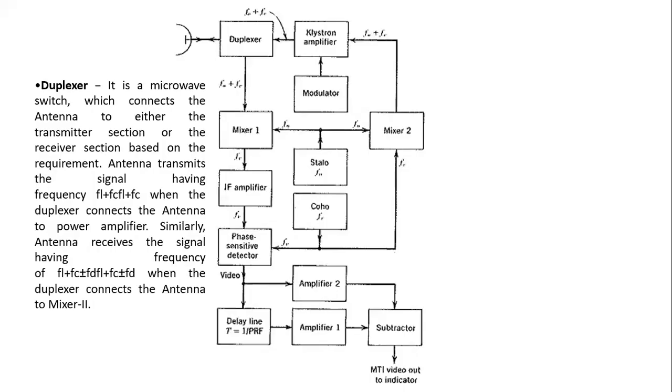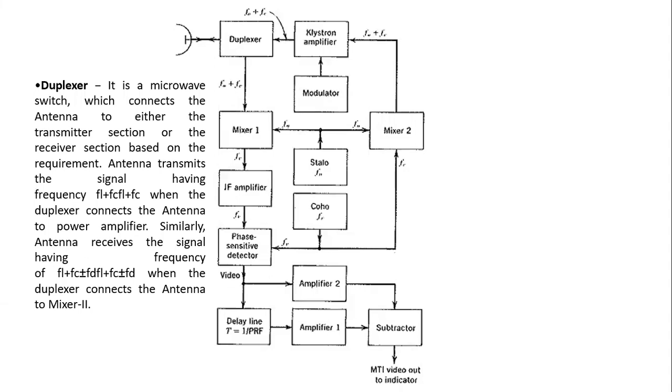Now here, how does it work? Again, we have a block diagram of this MTI radar. The duplexer, again we know, always acts as a switch. So when the information has to be transmitted, the duplexer turns on the transmitter and turns off the receiver. Why do we do so? Because when the transmitter is sending signals, the frequency is very, very high.